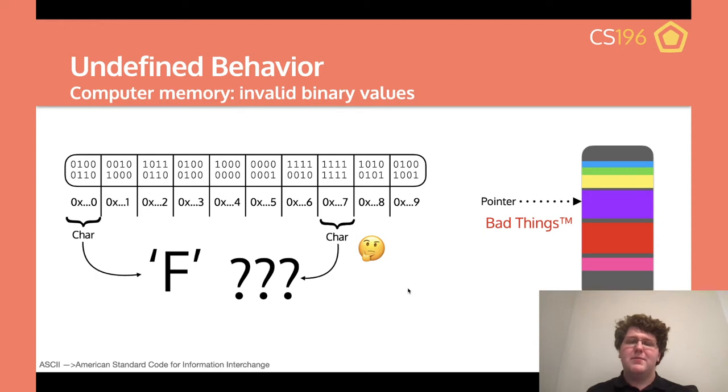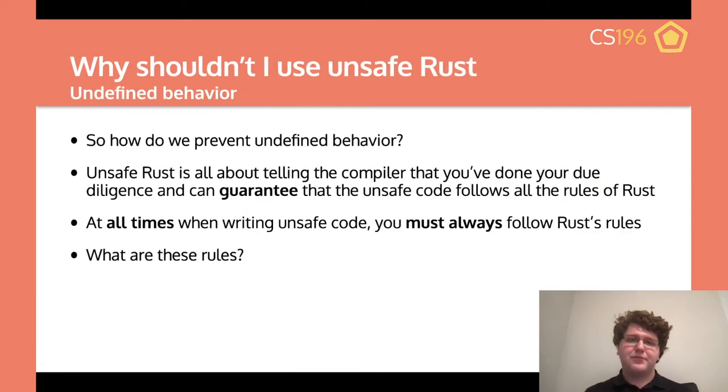So it becomes very, very important to be aware that if you're trying to dereference a dangling pointer, which is what it's called when you leave a pointer that's pointing to a piece of memory that is now no longer valid, then you're going to run into issues, and you could run into invalid binary values, which is bad.